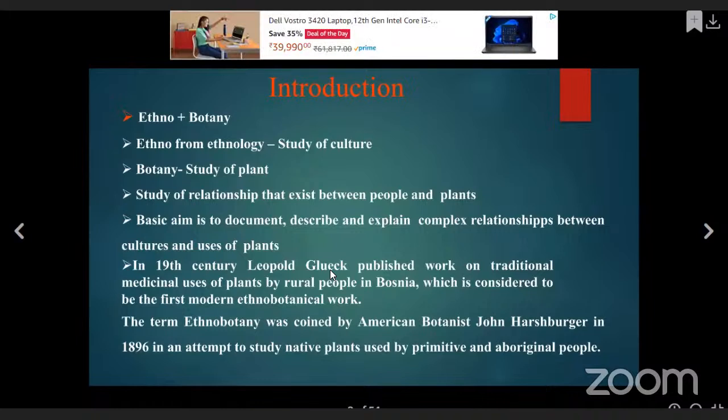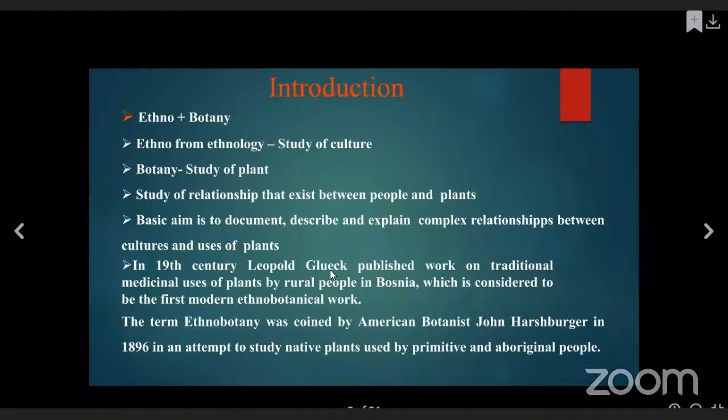There you will list out all the plants and try to document the different uses of each plant by asking the elderly in your place. So Leopold's work in the 19th century was the first modern ethnobotanical work ever published.